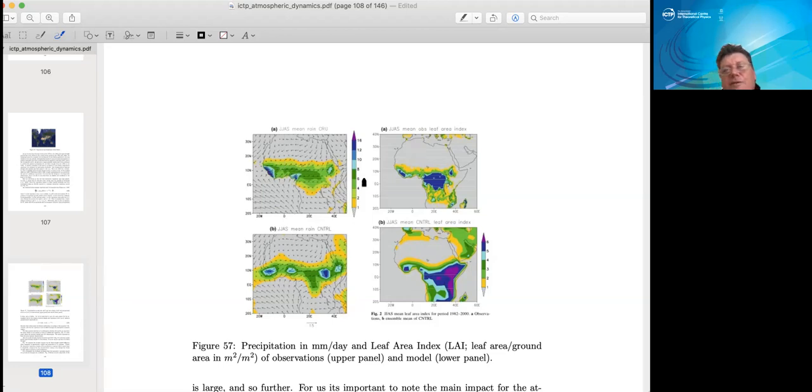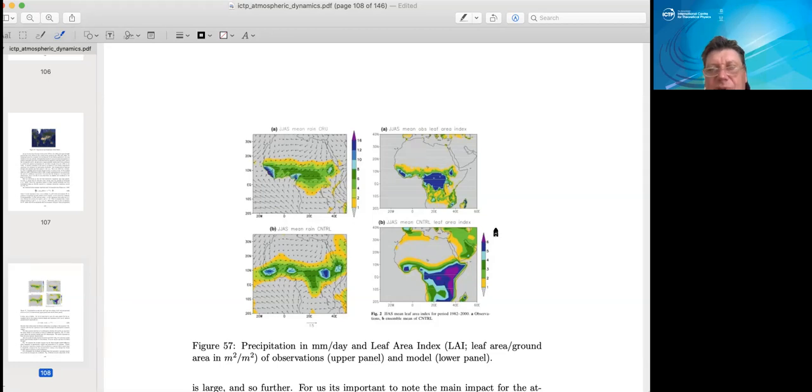And this is also confirmed by a quantity that you can also measure from a satellite, which is the leaf area index, which is defined as the quantity of leaves per ground area. Because of this definition, this quantity can go from, let's say, 0, of course, if there are no leaves, to 6 or 7 or something like this.